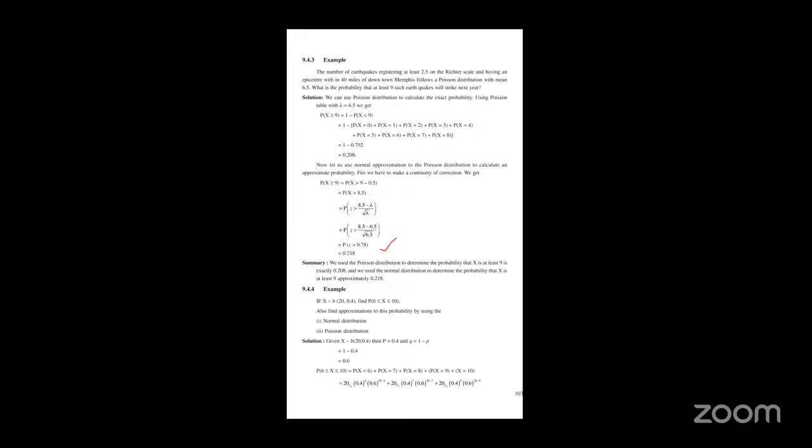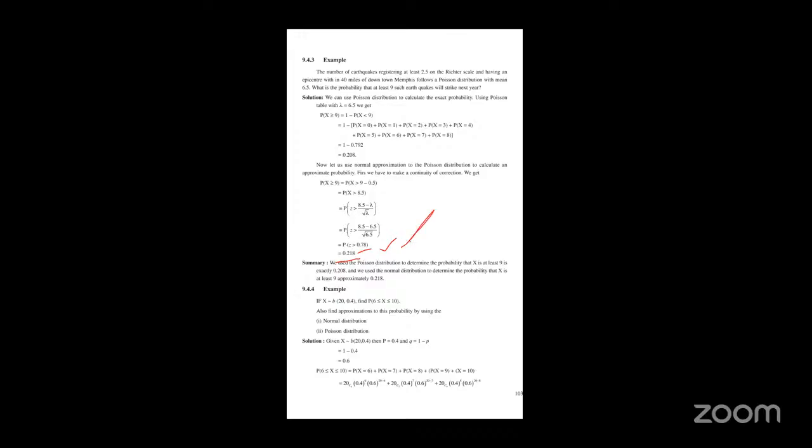Calculating 8.5 minus 6.5 by root 6.5 gives 0.78. The probability of Z greater than 0.78 is 0.218.